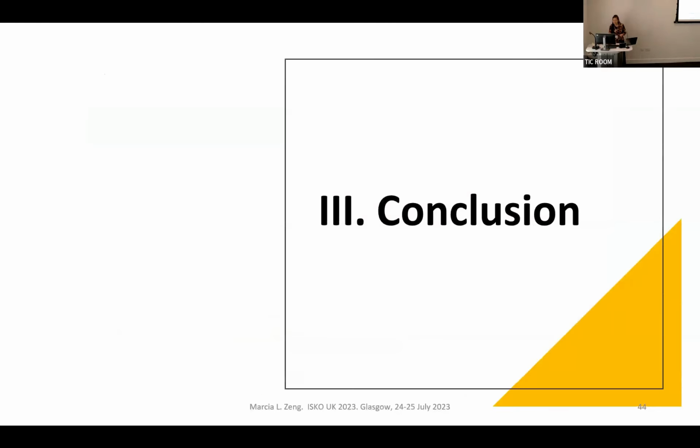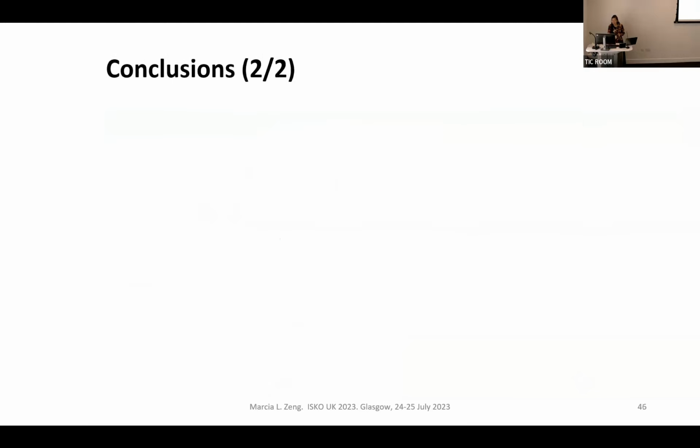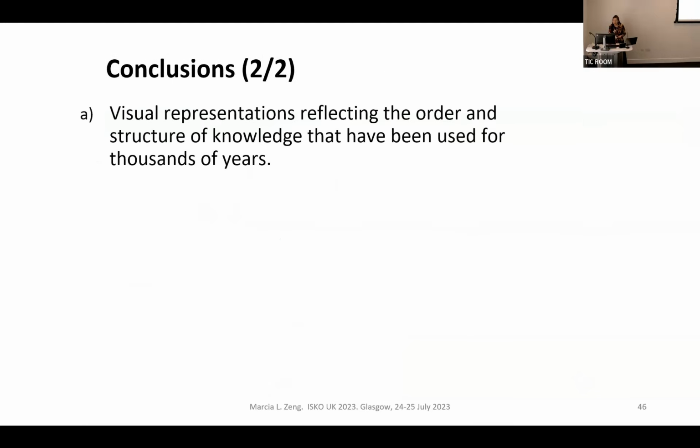Okay, so that's the enclosure diagram. In general, we can see all of those different ones, and we think not only about the root, branches and leaves, but also consider their features. So you can extend it when people find it usable and readable, and feel comfortable not looking around but easily following. In general, we can see the visual representation reflecting the order and structure of knowledge, and it has already been used for more than 2,000 years.